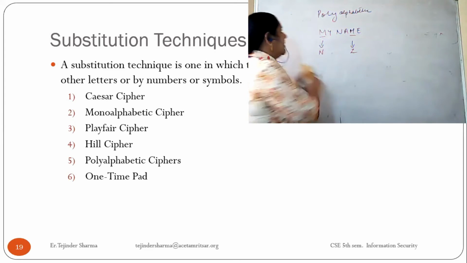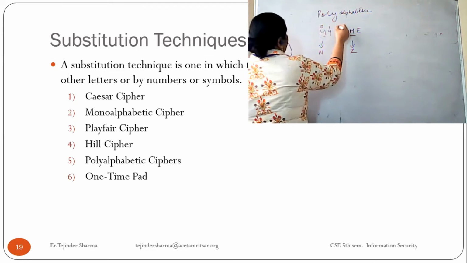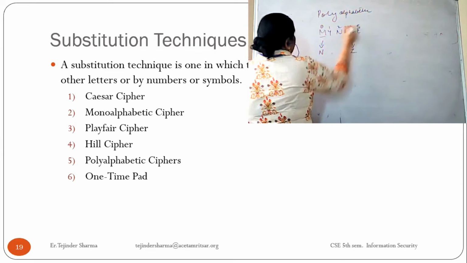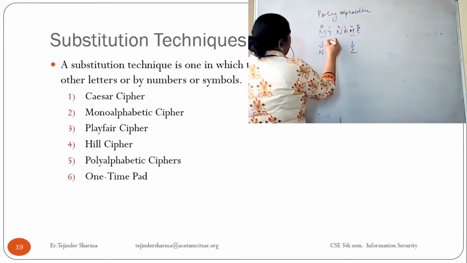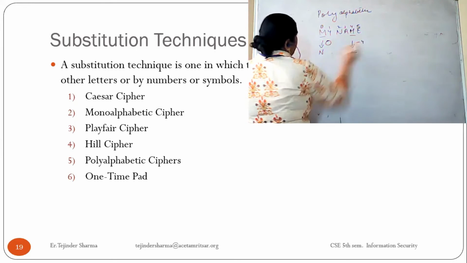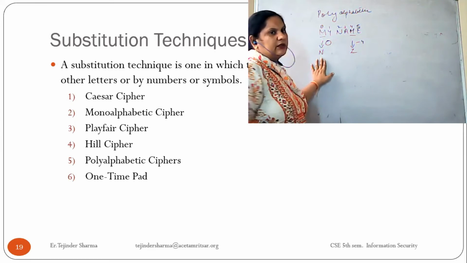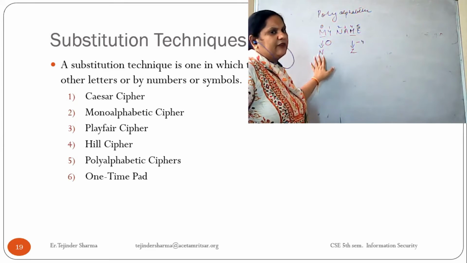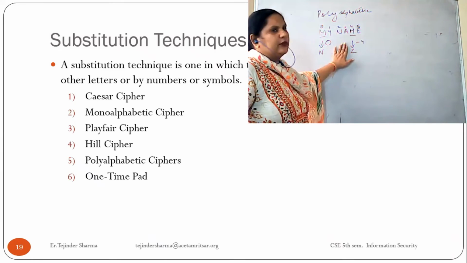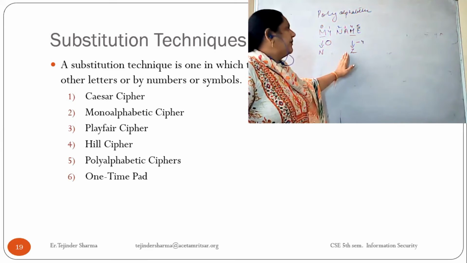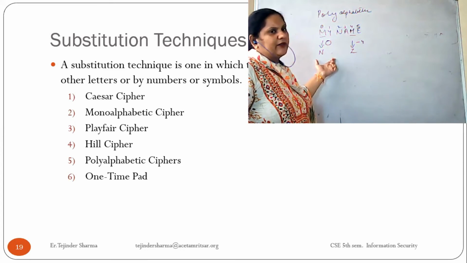character which is appearing as a ciphertext for the given M. So M is at location number 1, 2, 3, 4, and 5. So M is occurring at 0 and M is occurring at 4. So for the 0th location, the alphabet would be different, and for the location number 4, the alphabet would be entirely different from whatever it is at 0.